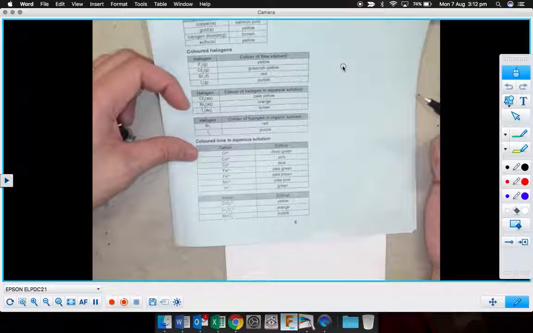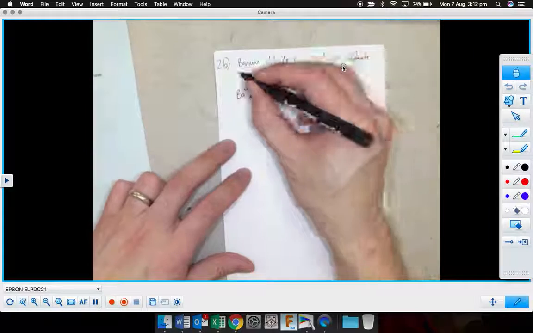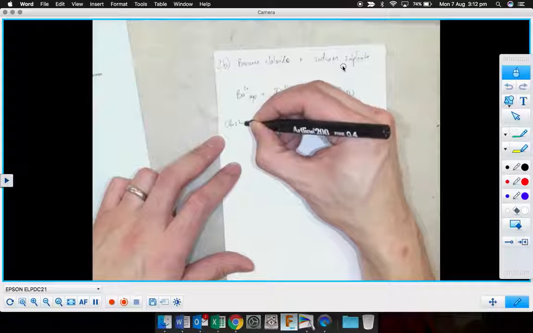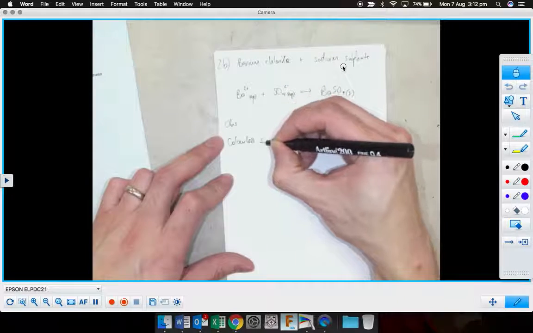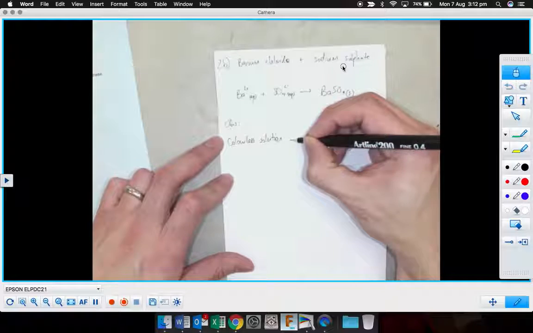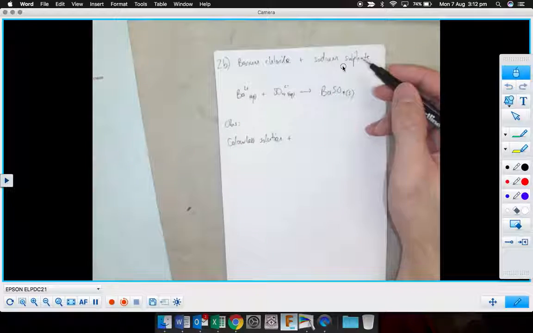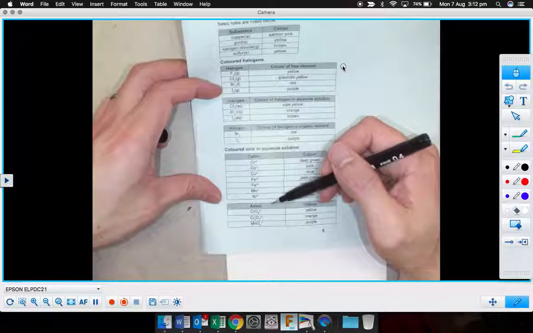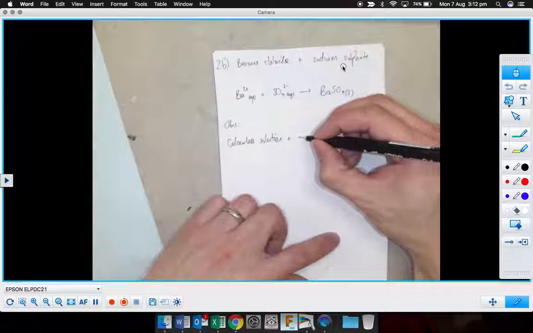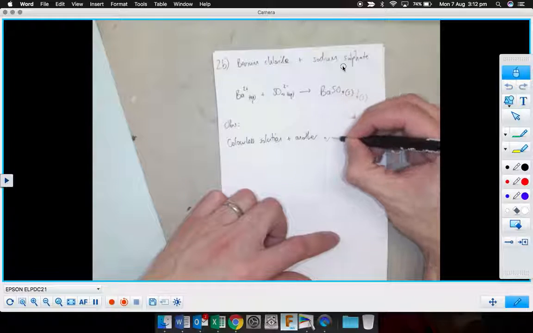It's going to be colorless. So this barium chloride, the observation is a colorless solution. Plus sodium sulfate. Again, is sodium on this list of colored ions? No. So this is another colorless solution.